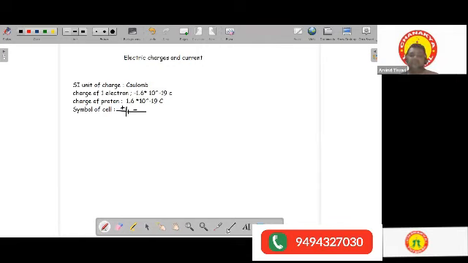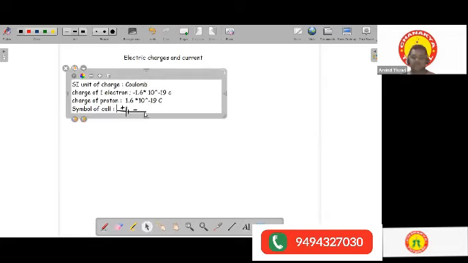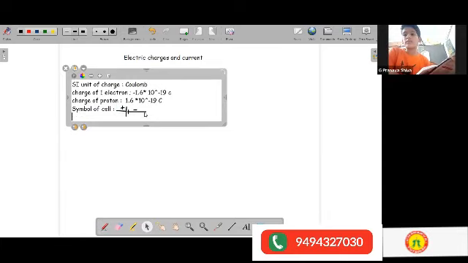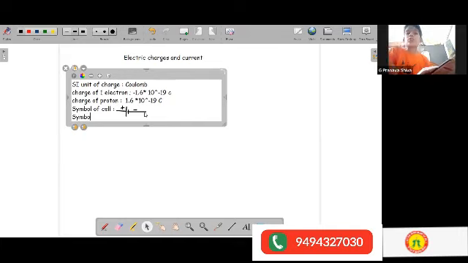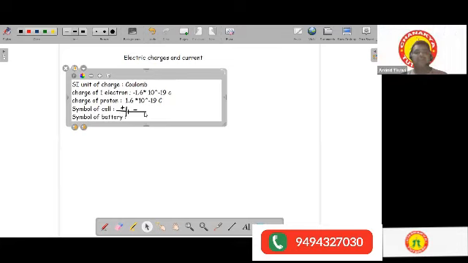Then what is the symbol of a battery? Two cell diagrams combined together form a battery. Okay, so two cells combined form a battery. Then how do we combine two cells?